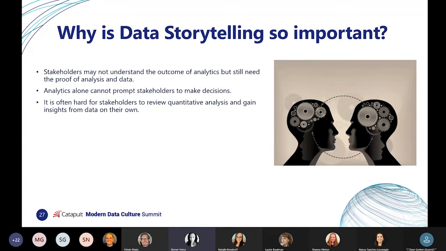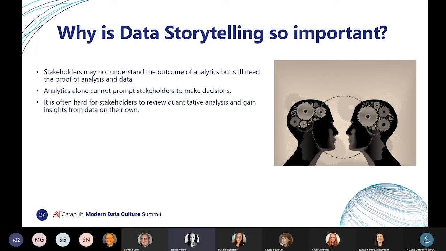Slide, please. So why is data storytelling so important? First, data storytelling is important because stakeholders don't always understand the outcome of analytics, but they still need to know about the data.